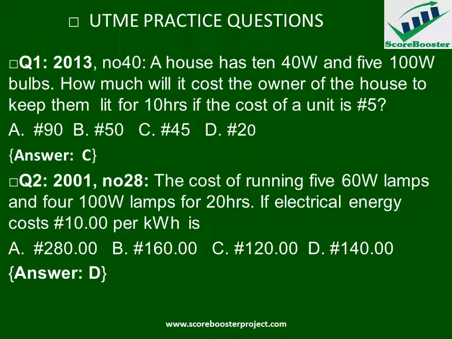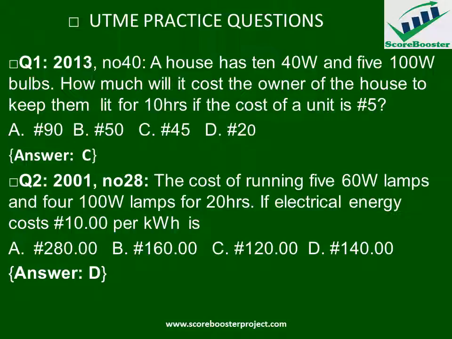Now on to practice questions. The first question we shall be considering comes from 2013, number 40. And the question goes thus: a house has 10 40-watt and 500-watt bulbs.